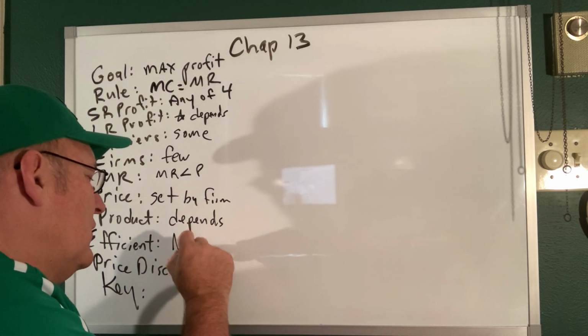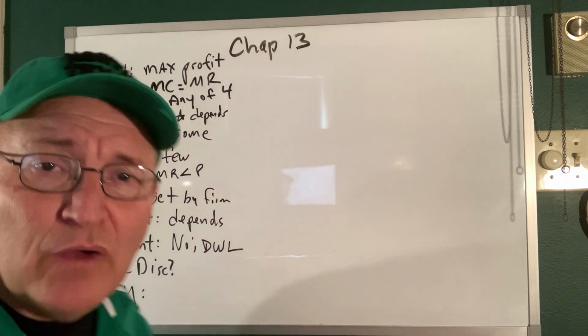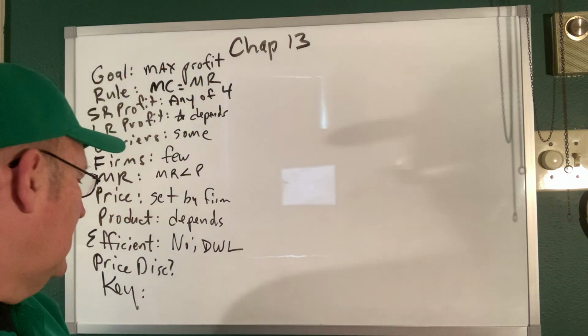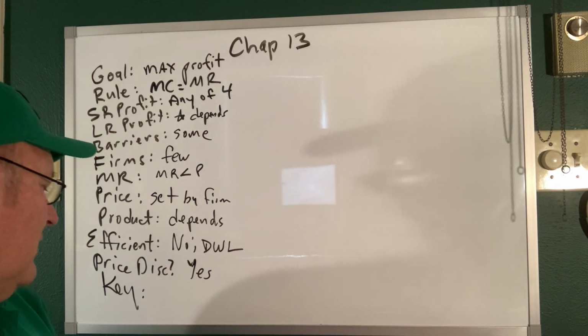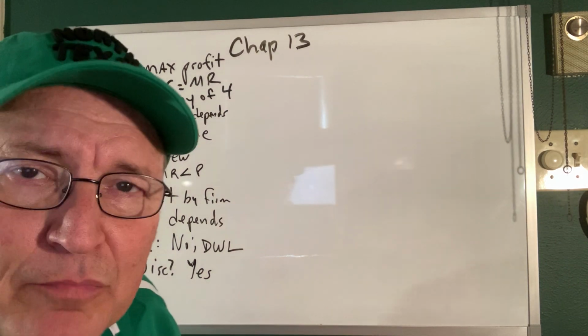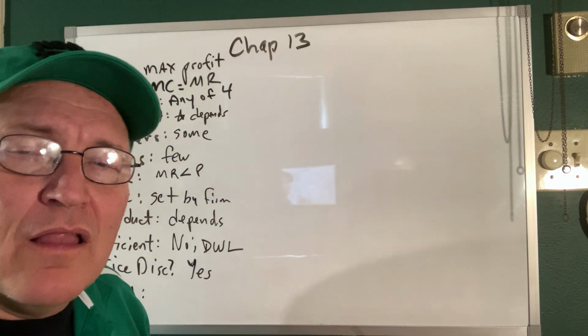Efficient, no, for the same reason, because there's deadweight loss that's in the market. And yes, they can price discriminate for oligopoly. And then the key, now this is important. The key with oligopolies, right?